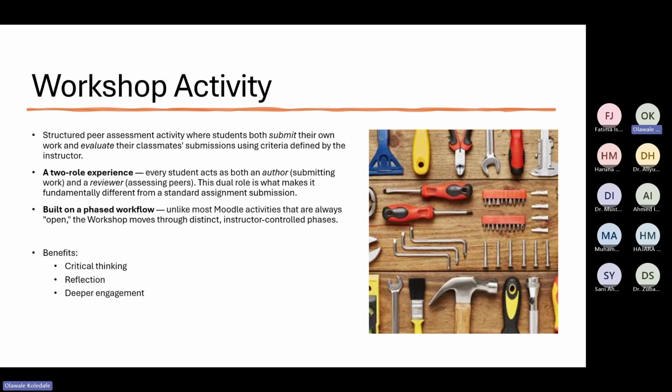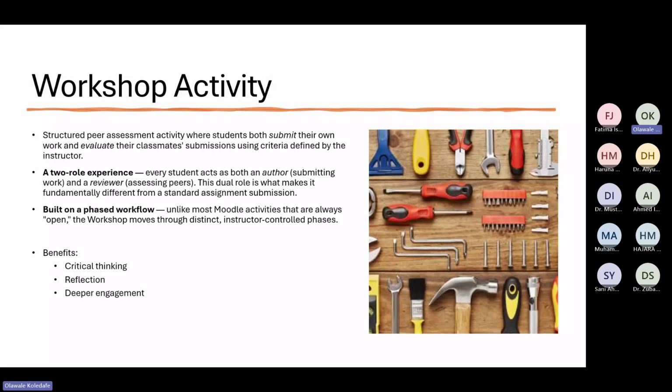All right. And then what benefits does it bring? First is critical thinking, asking the questions that matter, thinking of other people's answers.